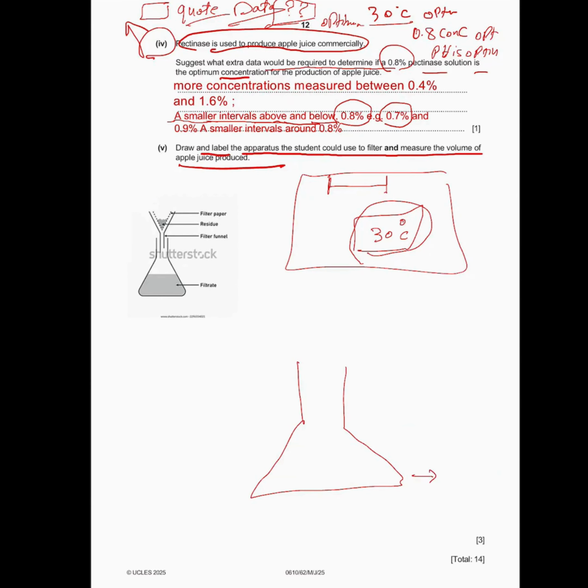Okay, so you say that this is the conical flask. Then you draw the funnel. You call this funnel. Then you add filter paper and make it with dots like this to separate it from the funnel.